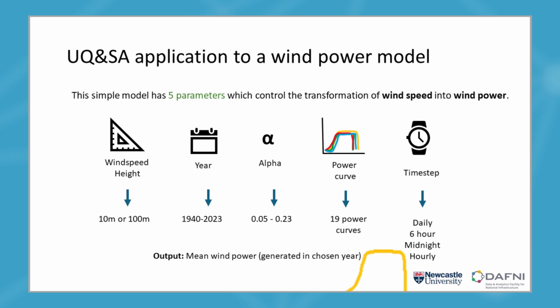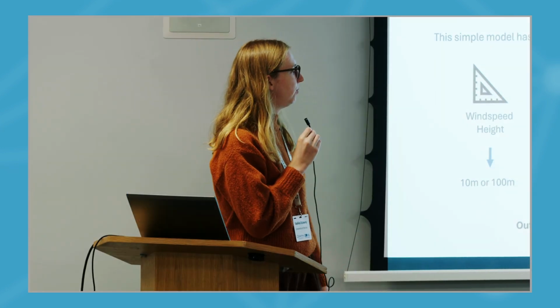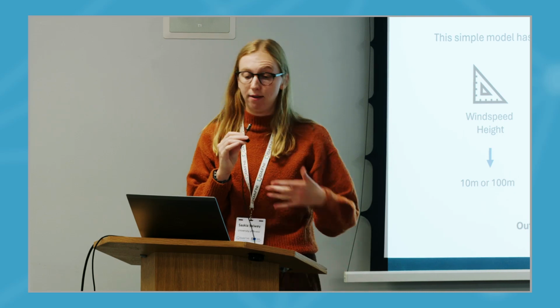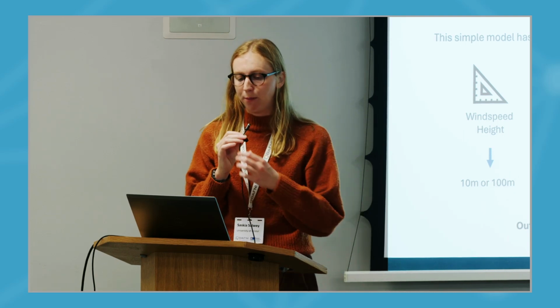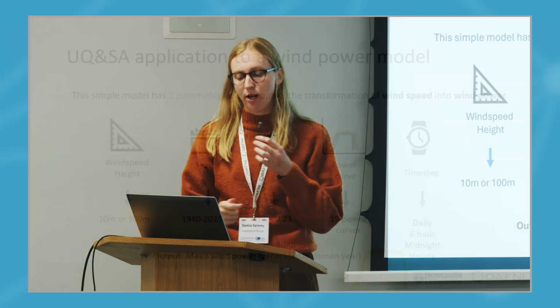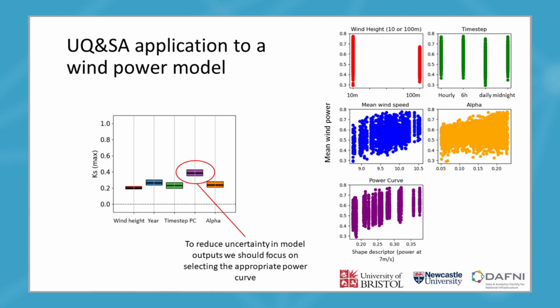So we put 19 power curves into the sensitivity analysis to also look at the influence of that choice. And also we varied one of the parameters of the model, alpha, within realistic bounds to look at how, again, that choice is going to influence the model output. And the output that we care about in this instance is the mean wind power which is generated in the chosen year.